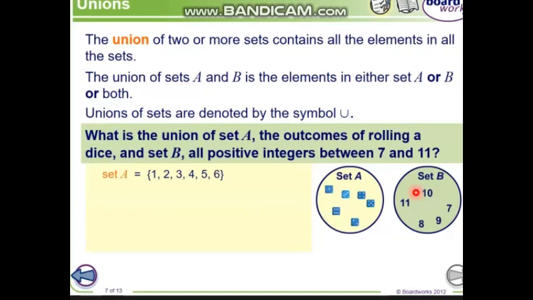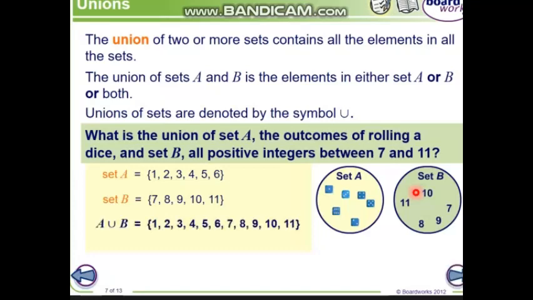And set B, which is the positive integers between 7 and 11, so we have 7, 8, 9, 10, 11. Now, to get the union, we will just combine the elements of set A and B. So we have 1, 2, 3, 4, 5, 6, 7, 8, 9, 10, 11. Okay. If ever may mga cases na mag-overlap, you just list one if merong common. Okay?